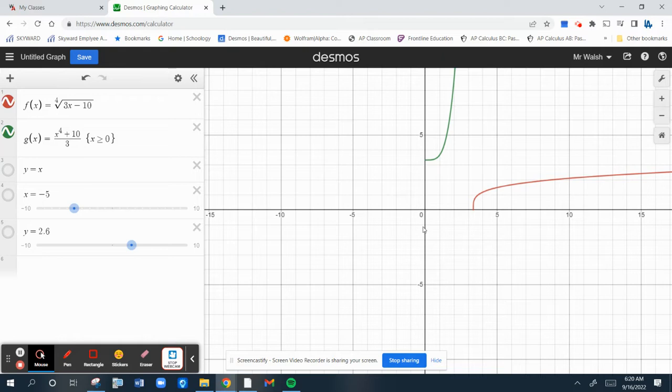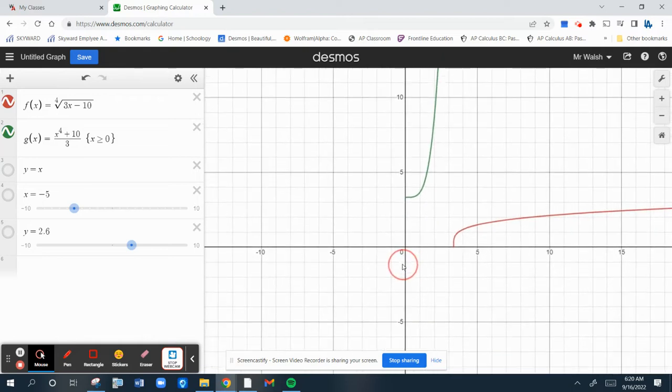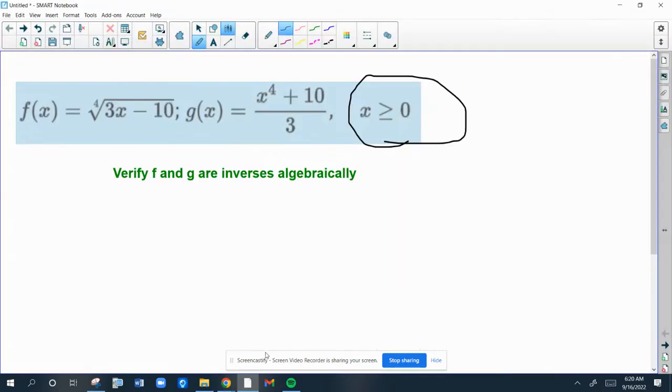There's the two functions. I'm going to plot y equals x, which is just a 45-degree angled line. And if you fold this graph paper along that line, these graphs are going to completely cover each other. So they are reflections, apparently. So it looks like they may be inverses. So that's everything really you need to know about graphs of inverses.